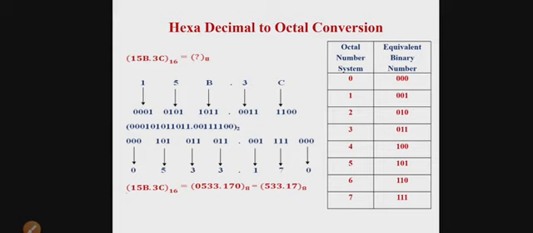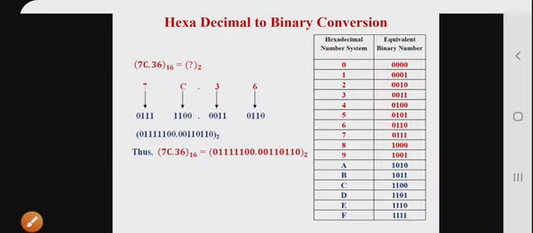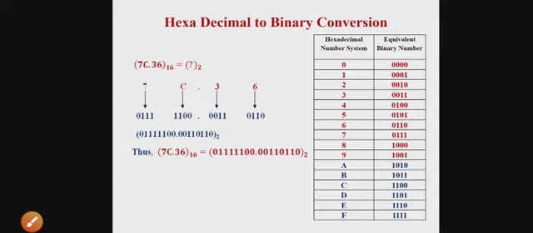So 1 corresponds to 0001, 5 corresponds to 0101, B corresponds to 1011, 3 corresponds to 0011, and C corresponds to 1100. For checking purpose, you can follow the table shown in the previous slide. By following this table, you can convert any hexa into binary or binary into hexa.